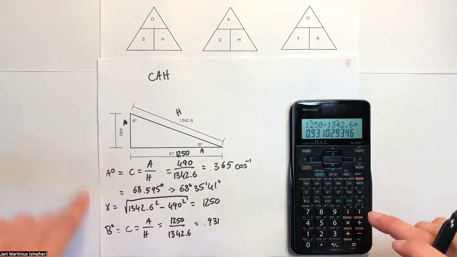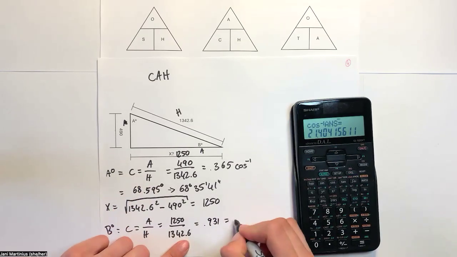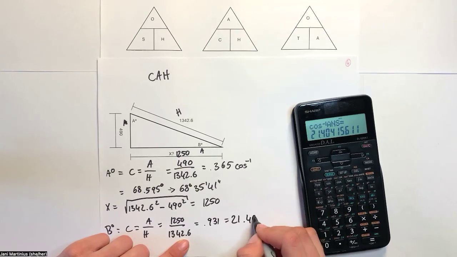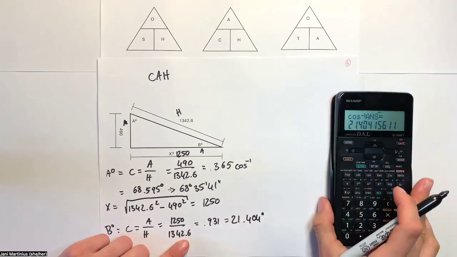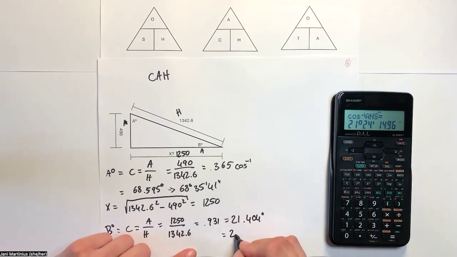Second function, and we're within cosine, 21.404 degrees. And if we press the second function and DMS button, it gets us the 21 degrees, 24 minutes, and 15 seconds.